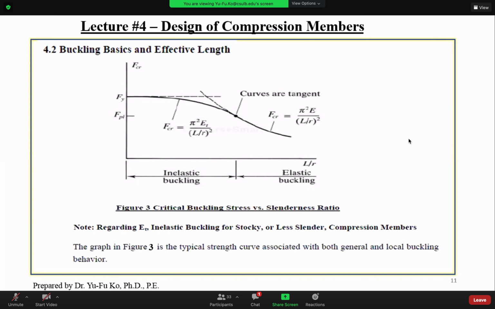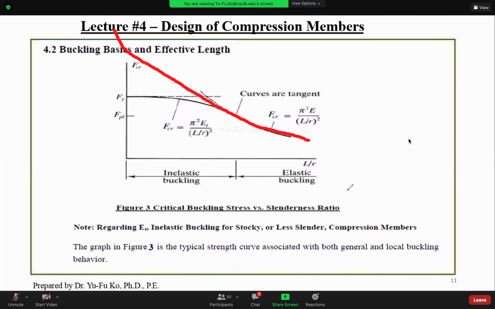As you can tell, if you plot Euler's equation over slenderness ratio, you will see the curve will look like this, okay? Which is pi squared E divided by (L over r) squared.